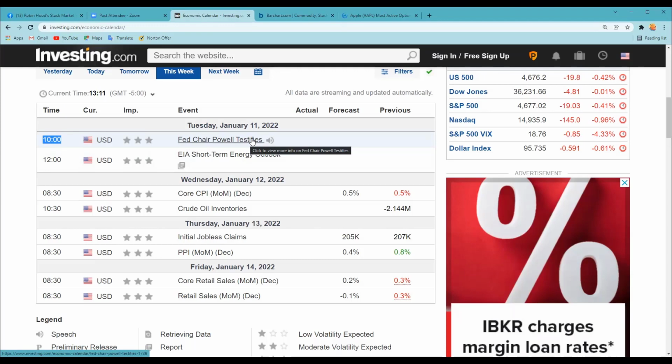Normally he has a bullish influence. Maybe a little volatile at first. We could see a little dip before or maybe during, but after he starts talking, typically it's bullish. So we'll just have to wait and see how the market reacts.